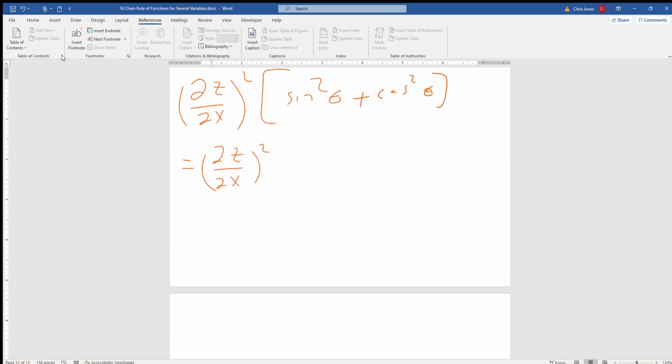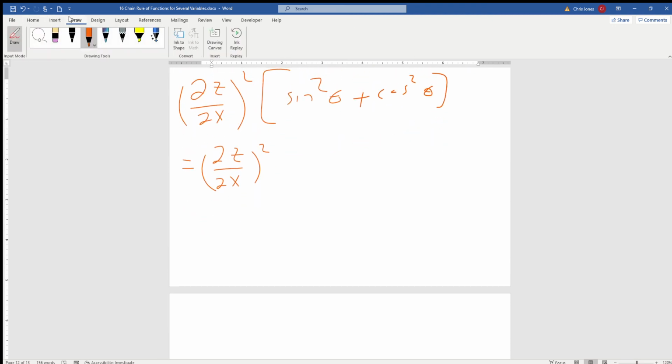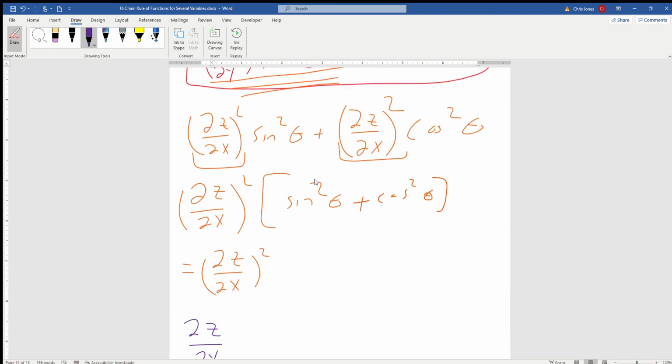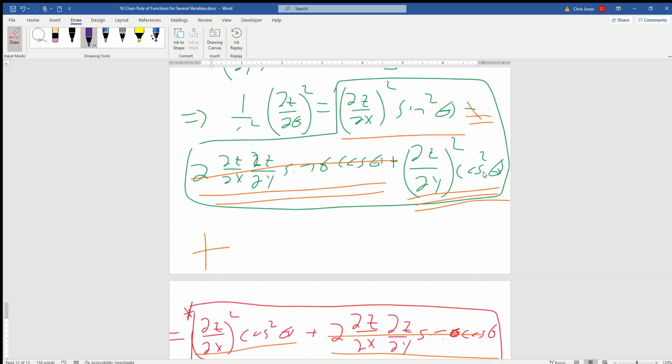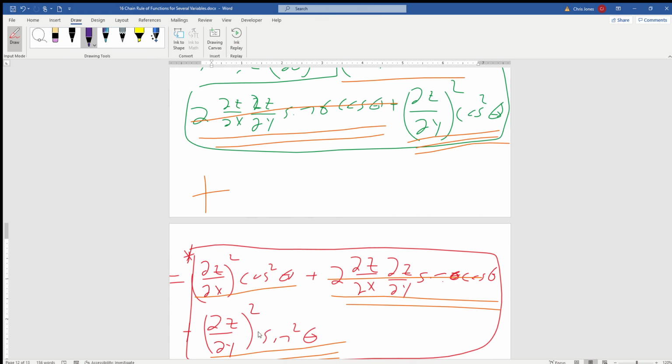So now we're going to say partial z partial y. And I can't remember which one went first. We have the x first.